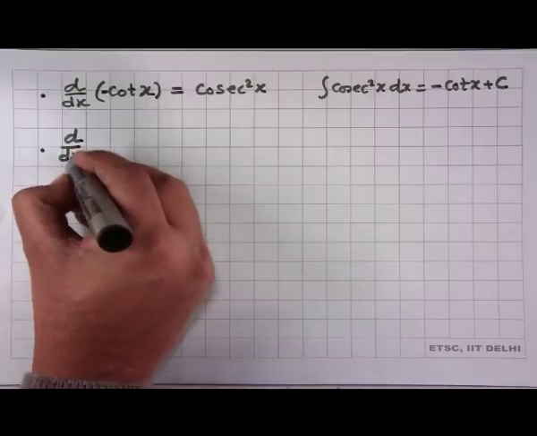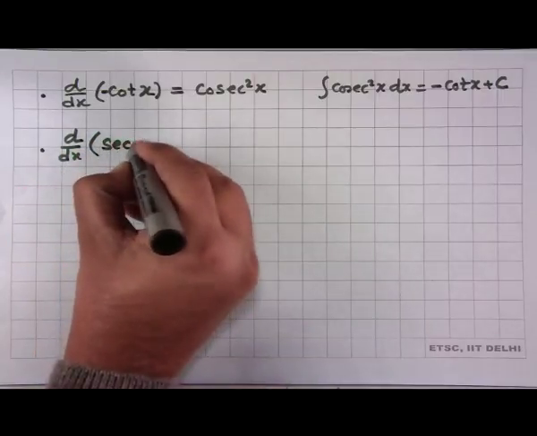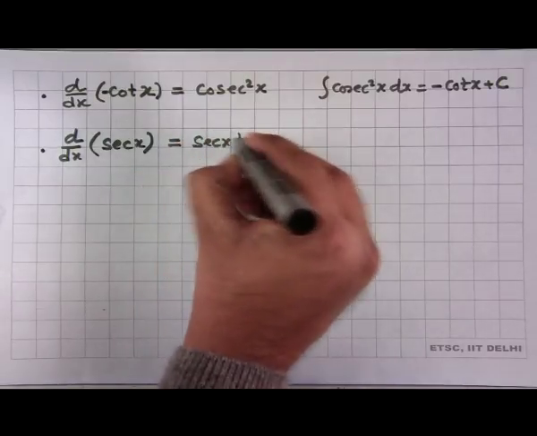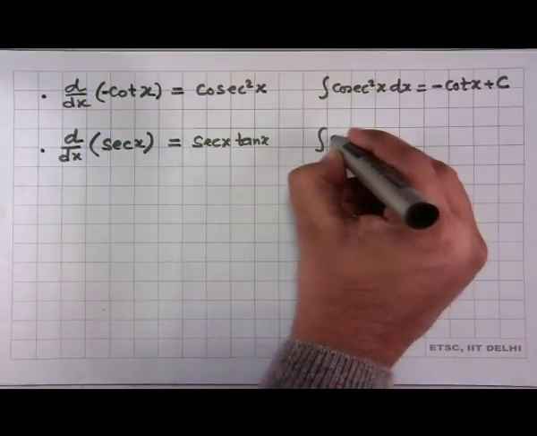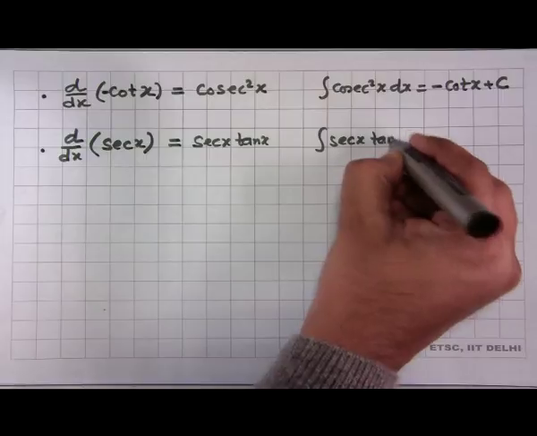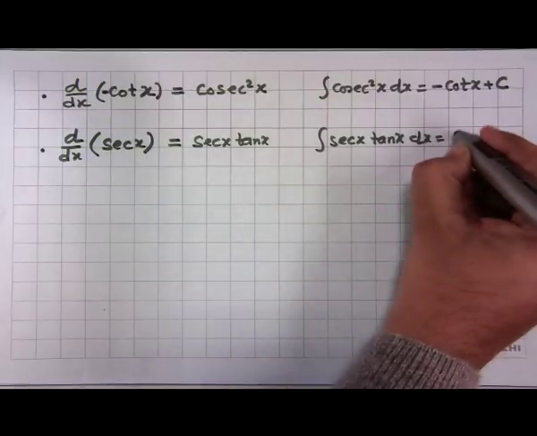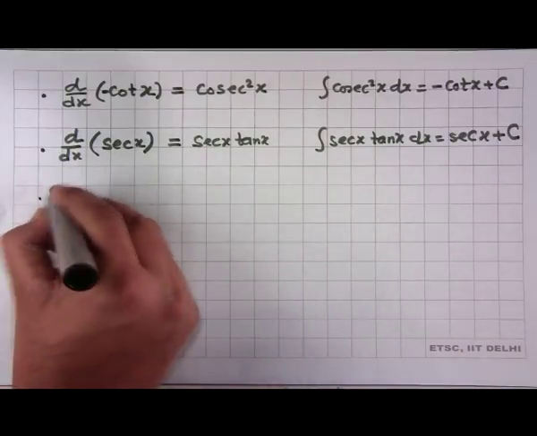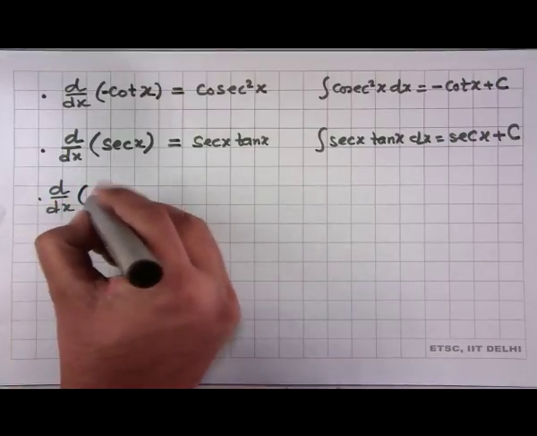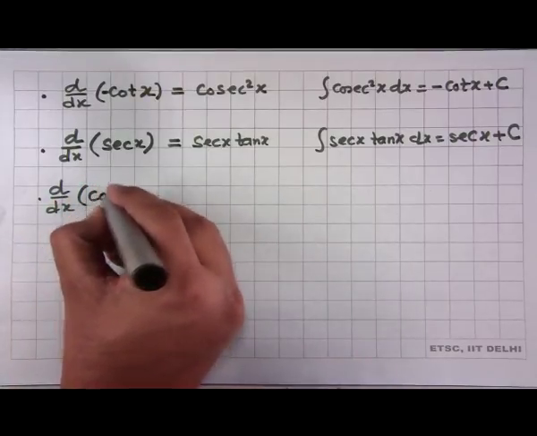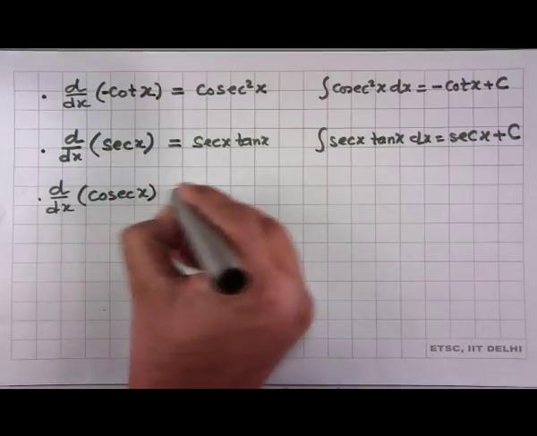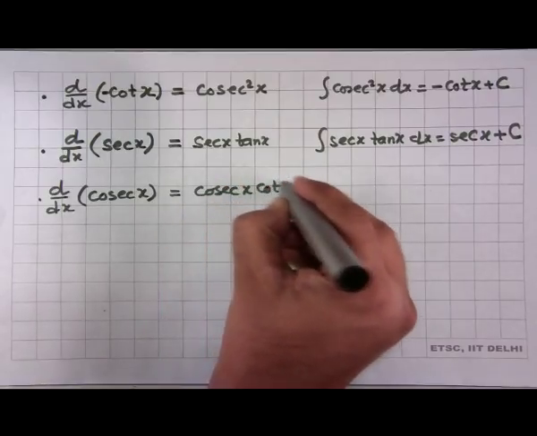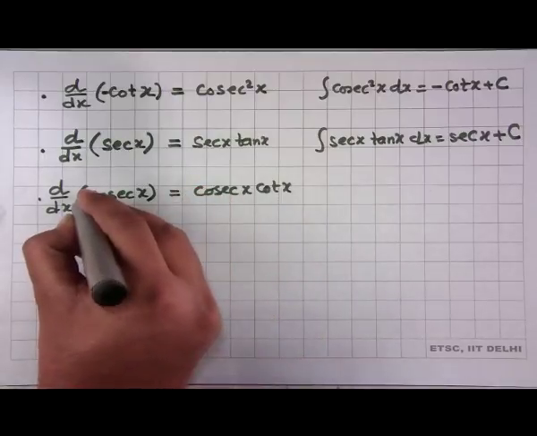d by dx of sec x is sec x tan x, which gives you the integral of sec x tan x dx is equals to sec x plus constant. d by dx of similarly cosec x is cosec x and cot x with a negative sign here, which again similarly as earlier I will take it here.